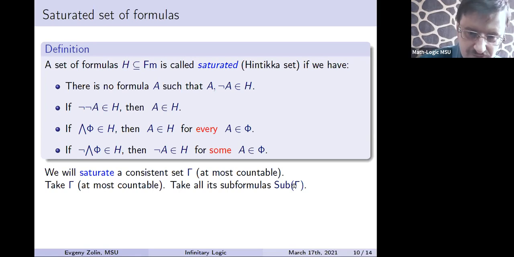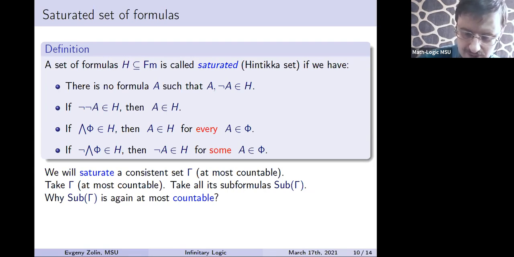The question is, if gamma is a countable set, what is the cardinality of the set of all subformulas? Is it countable again? In the usual logic, if A is a formula, then the set of all subformulas is finite.